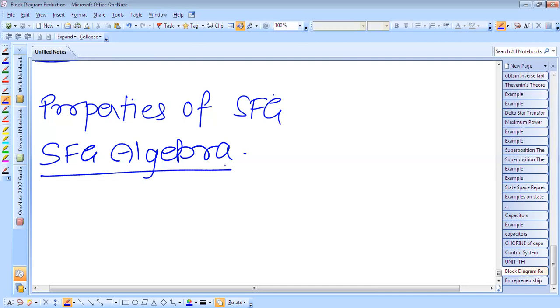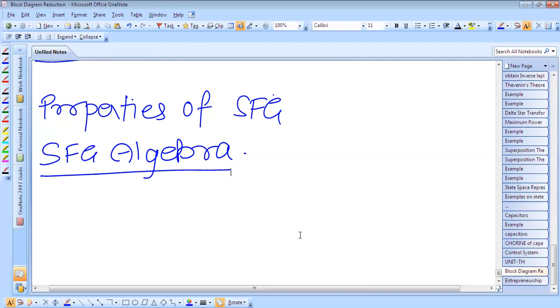Independent and dependent variables of the equation become input node and output node respectively. The branch transmittance can be obtained from the coefficient in the equation, and to determine the input-output relationship we have to use Mason's gain formula, which we will discuss. So we may reduce the signal flow graph to a graph containing only one input and one output node.